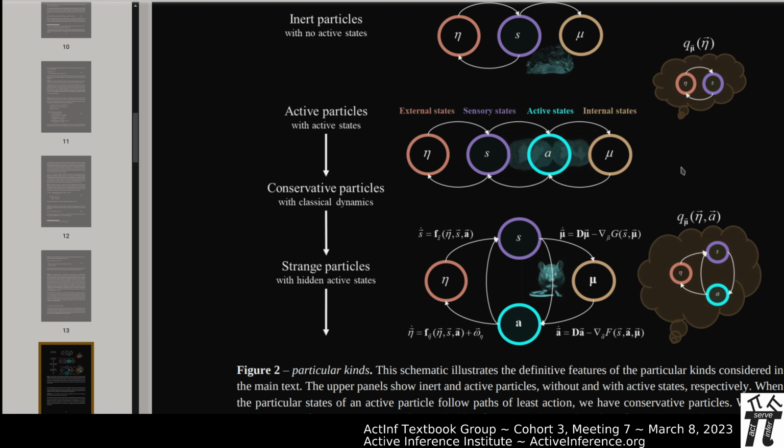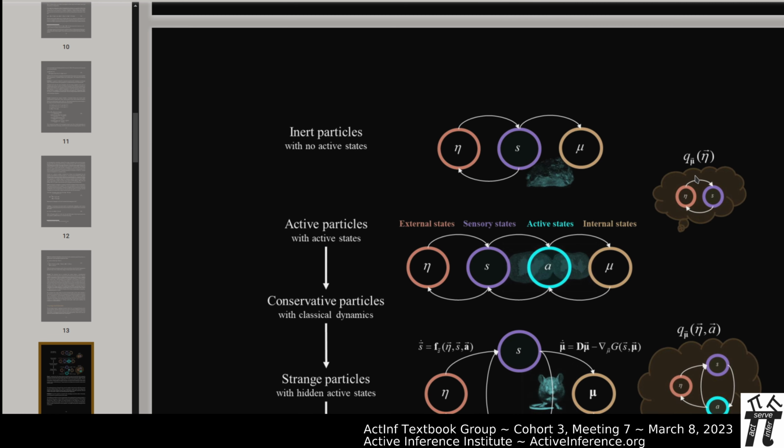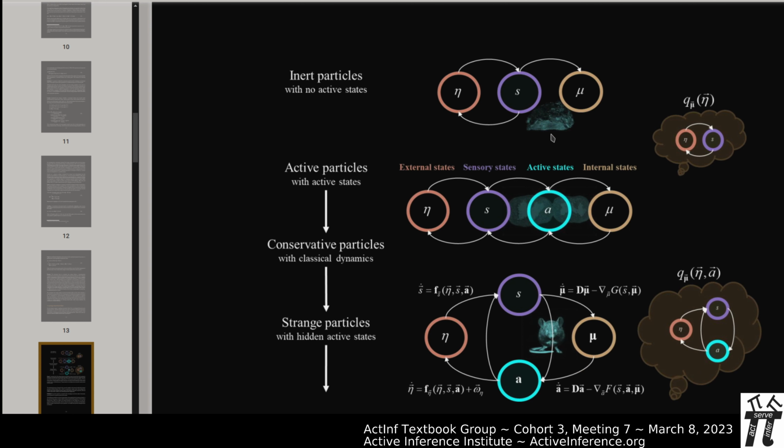Scott, if for some reason I wanted to model a rock using this framework, I would probably model it as an inert particle. Yeah, absolutely. You could even just draw out the particular partition. Here's the photons coming off of the rock, and they're determined by this other action impinging on the rock. And here's my inference on the rock's weight, or here's the rock on the scale, whatever situation you're going to be talking about.